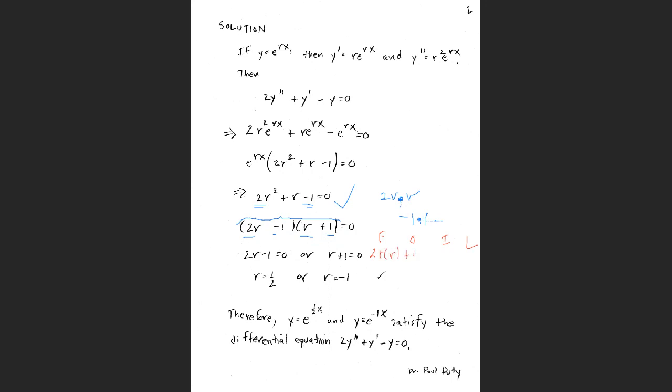Outer would be plus 1 times 2r. Inner would be negative 1 times r. And the last would be negative 1 times positive 1. That gets you 2r squared, and then you got a plus 2r and a minus r. That's a plus r, and then minus 1. So it checks out.